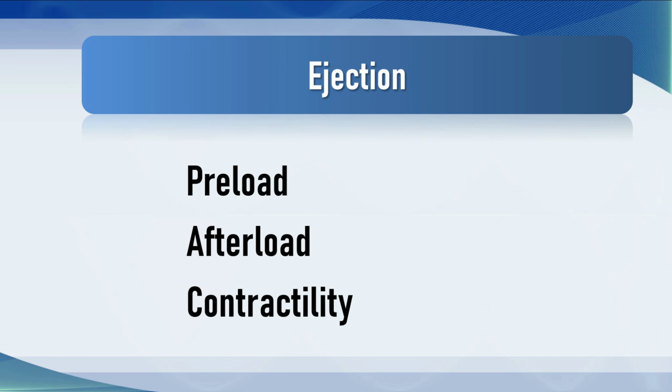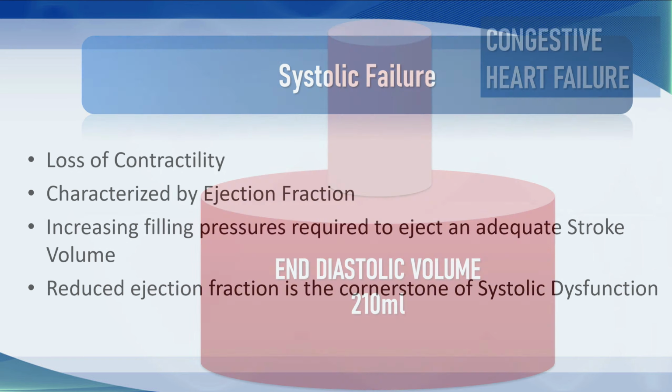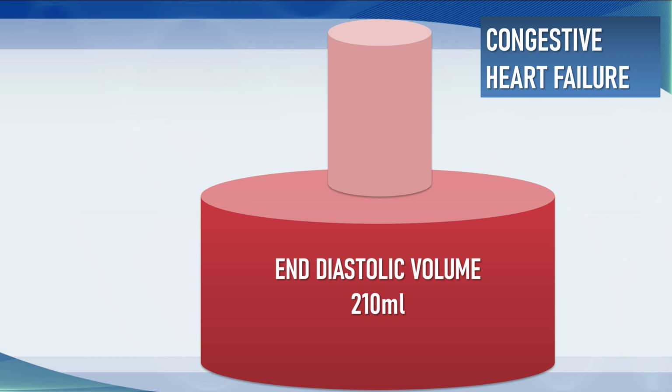Ejection is about preload, afterload, and contractility. And systolic heart failure is loss of contractility, and it's characterized by a low ejection fraction. There are increased filling pressures and volumes required to eject an adequate stroke volume. Reduced ejection fraction is the cornerstone of systolic dysfunction. So this is what congestive heart failure looks like.